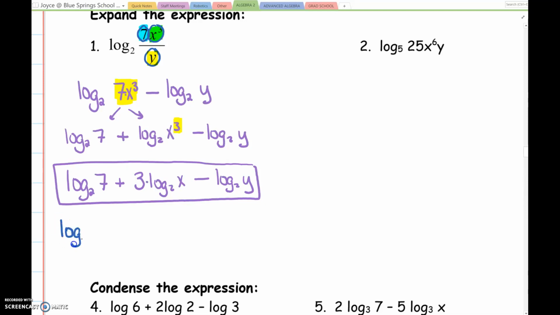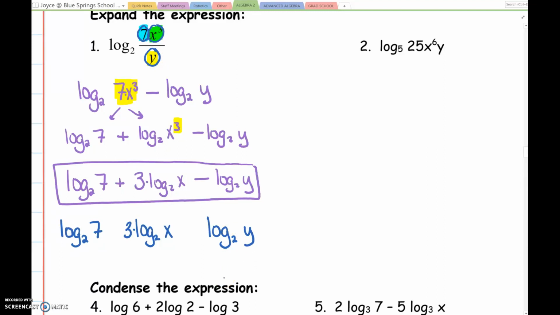So I would write log base 2, a nice space, log base 2, a nice space, log base 2. Ooh, that was messy. My first thing is 7, so I'm going to put log base 2 of 7. My second thing is x to the third. Should I leave that as x to the third, or is there something else we could do with it? Something else, so I'd take that 3 and put it right in front. And my third thing is y.